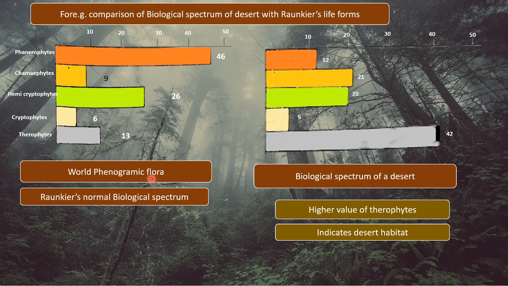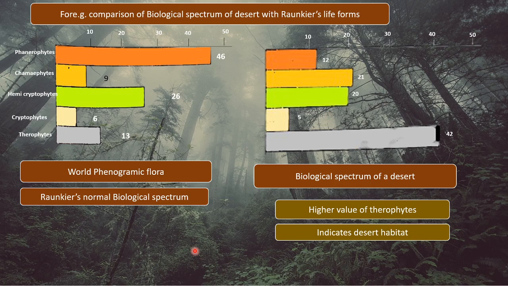So like this, the comparison of biological spectrum has to be done. This is the biological spectrum that we can prepare of an area that we have studied, which has to be compared with the standard Raunkiaer's normal biological spectrum, which gives us an idea of the habitat of that area, right?